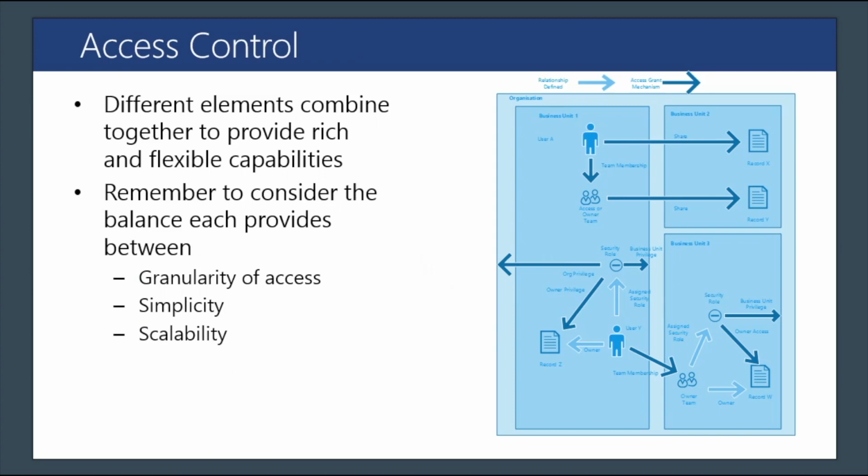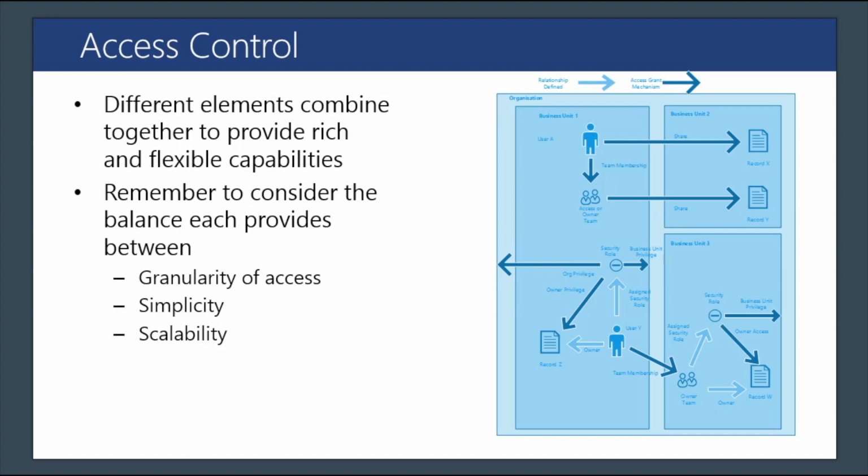So again, the diagram that we were looking at earlier, right? So you need to consider all of the topics that we've covered today, all of the access control mechanisms that we have available to come up with the best approach based on the number of users, the number of records, the requirements of your application. Okay?